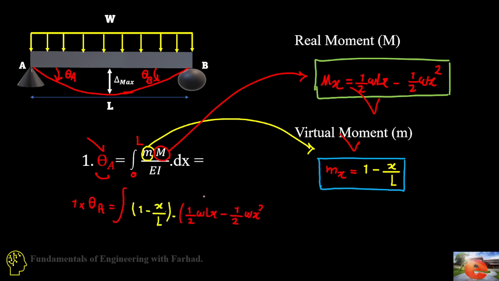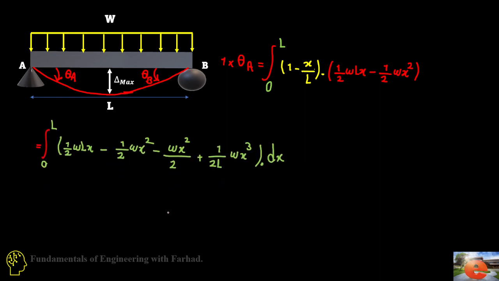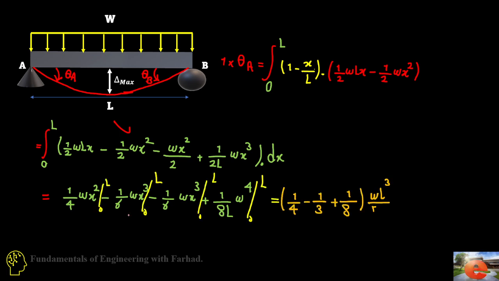If you do so, you get this equation, and if you solve this integration from 0 to L, it gives you a value of 1 over 24 wL cubed over EI.